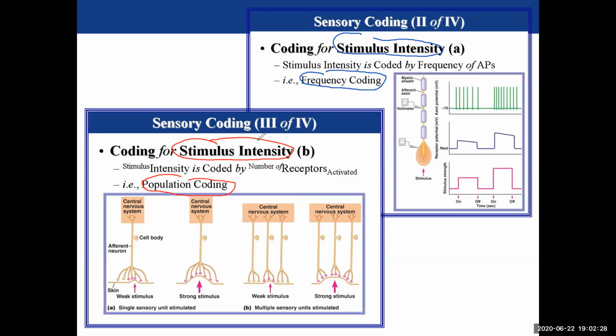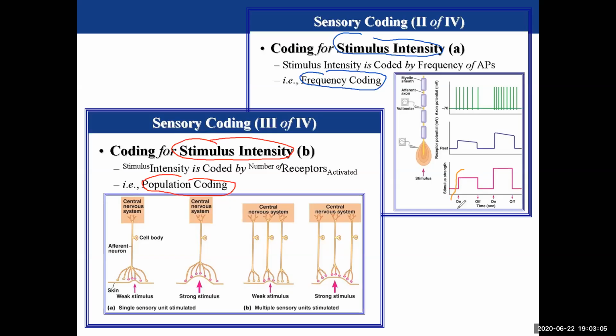stimulus. So let's start with the stimulus intensity, the frequency coding, meaning the number of action potentials being generated per unit time. So you see here, two stimuli.